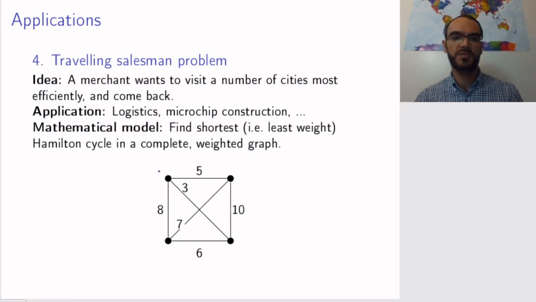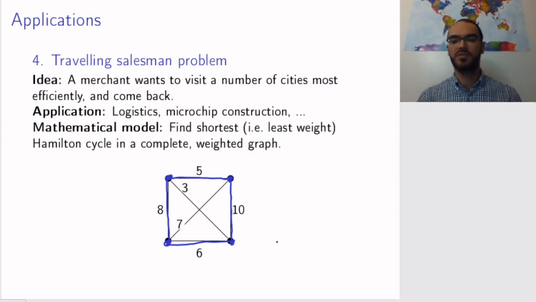Well, because you want to visit each city exactly once. Because the graph is complete, as we saw in the problem-solving session, this is always possible. So in a complete graph, there is always a Hamiltonian cycle. For example, this one. But this one was probably not the one of least weight or shortest length.